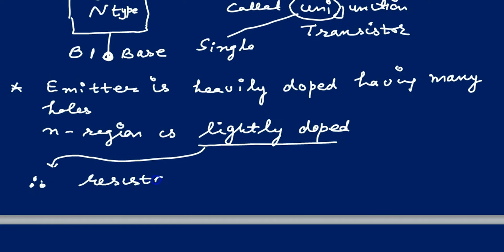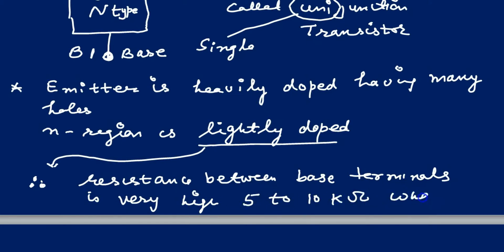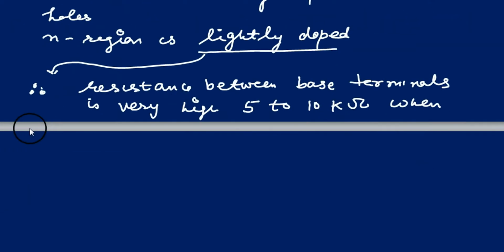Because the N region is lightly doped, the resistance will be more. That is around 5 to 10 kilo ohm.